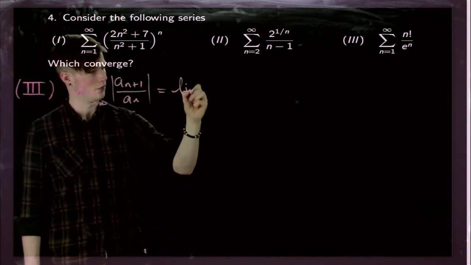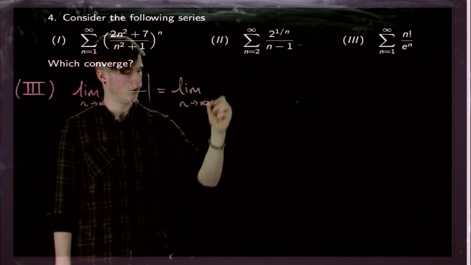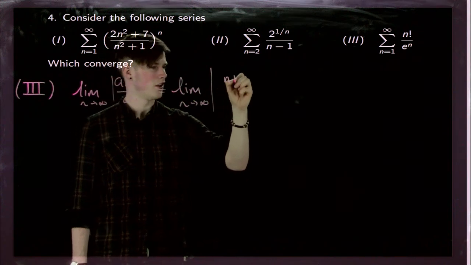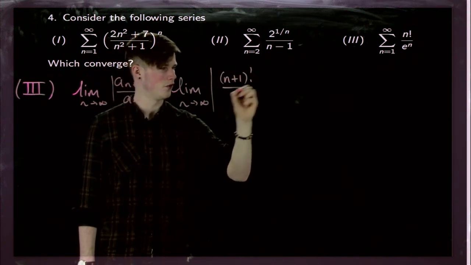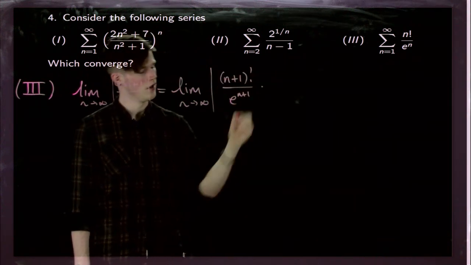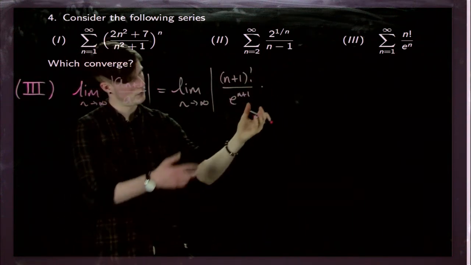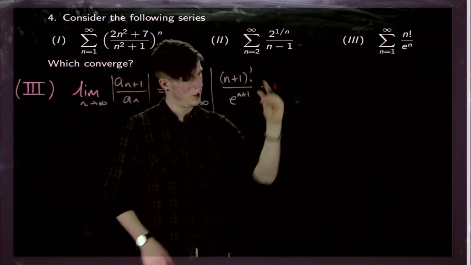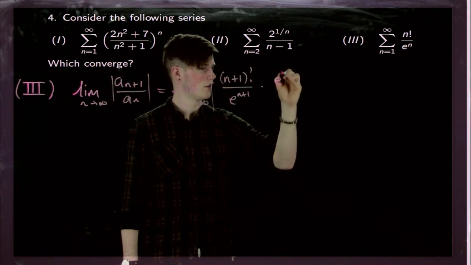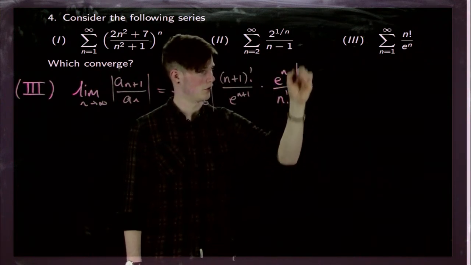In our case, this is the limit as n goes to infinity of ((n plus 1) factorial over e to the n plus 1) divided by (n factorial over e to the n). So we can flip and multiply by e to the n over n factorial.